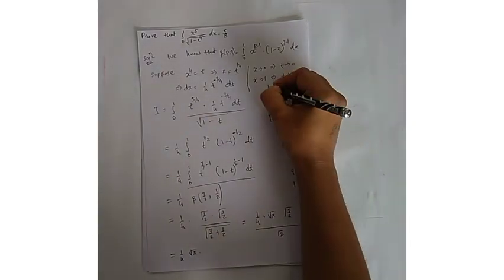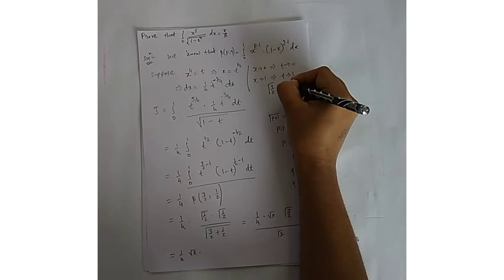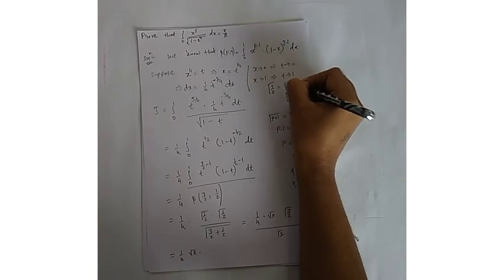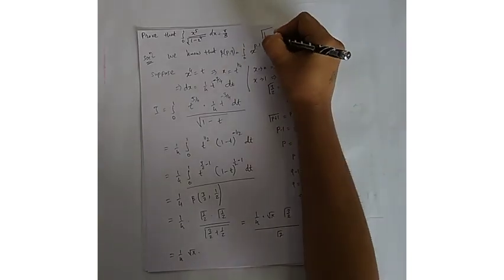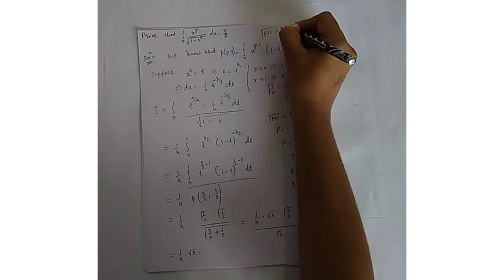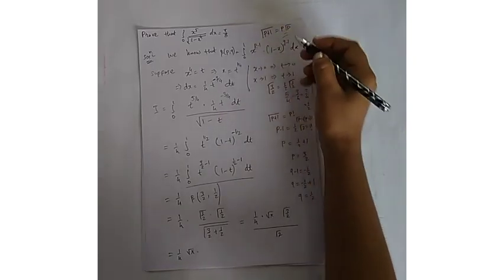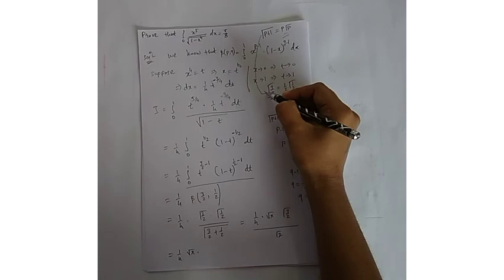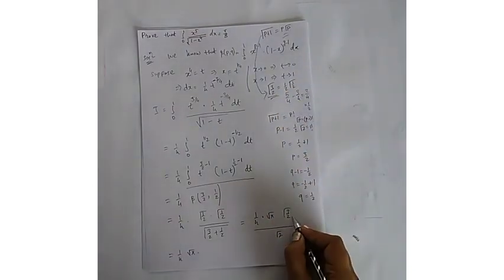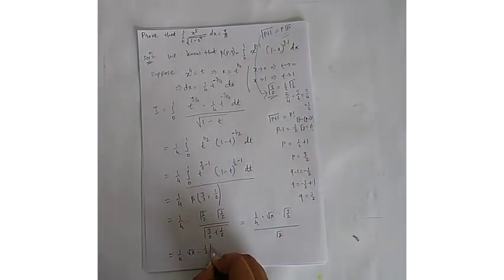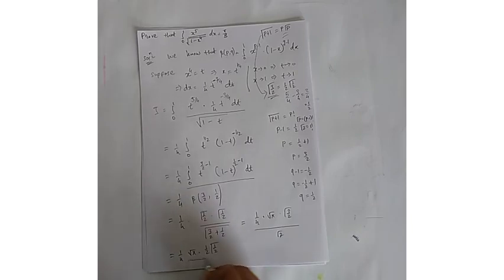Also we know that gamma 3 by 2 is 1 by 2 gamma 1 by 2. That means gamma p plus 1 is equal to p gamma p. Using this, we write here 1 by 2 gamma 1 by 2 upon 1 factorial.